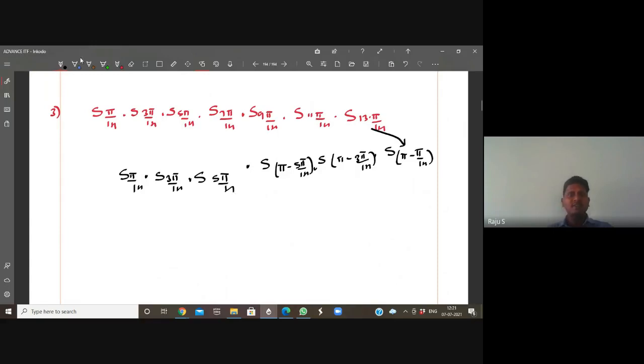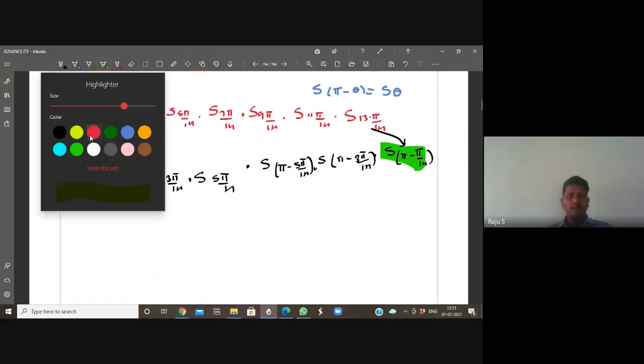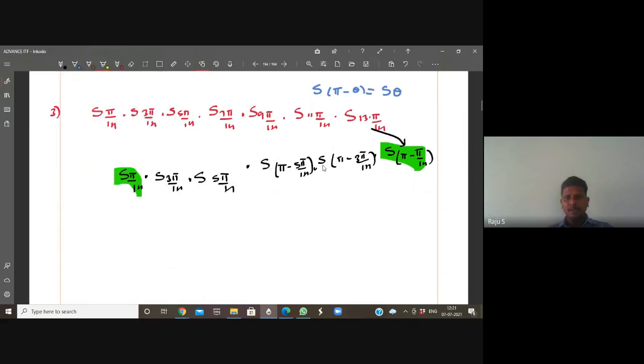Right, see, first one and last one will be same. What is sin 180 minus theta? Since we know that sin 180 minus theta is equal to sin theta, with the help of this, the last three are in the form of sin pi minus theta. This is equal to, yes, first one and last one are the same.